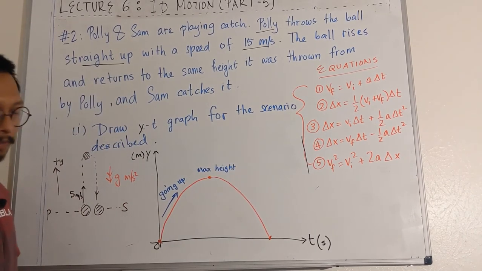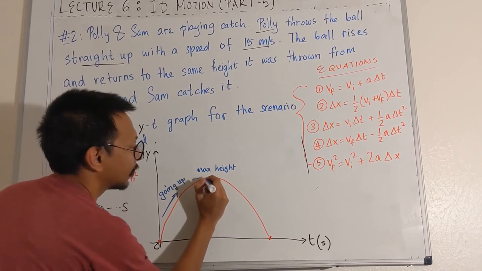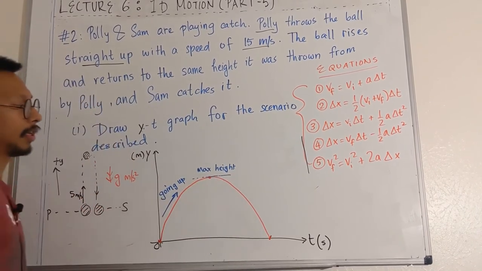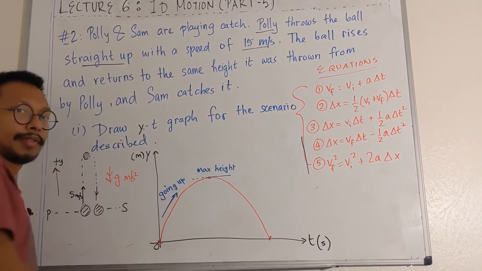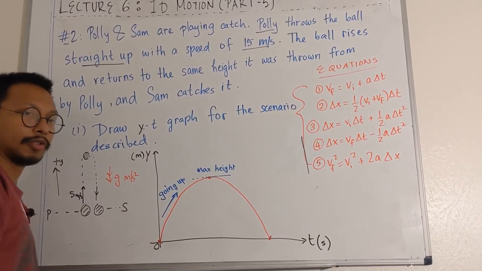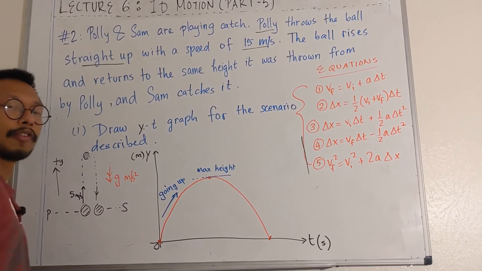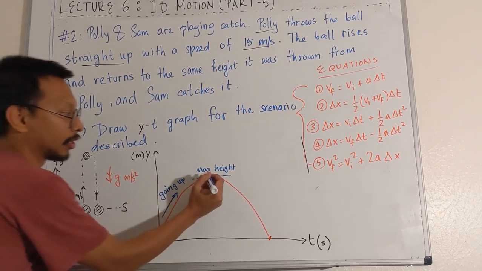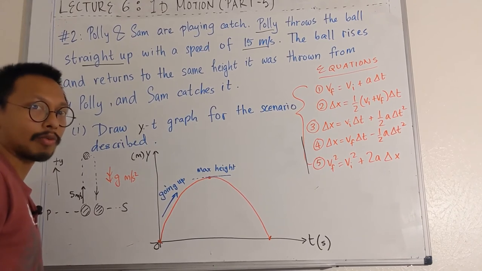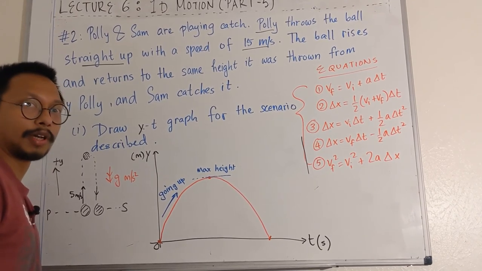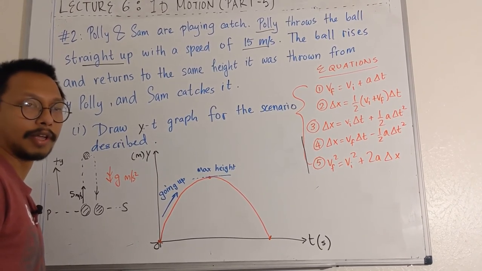Okay, at maximum height, if you draw a tangent, you see that it's completely horizontal. As we have learned before, horizontal straight lines have a gradient or slope of 0. That means at maximum height, the velocity of the ball is 0. This is true for not only the ball but anything moving in the vertical plane.